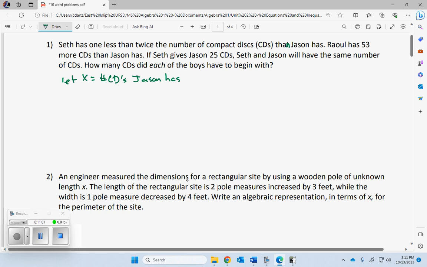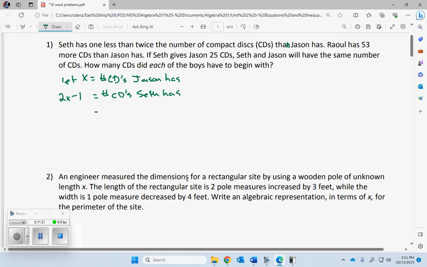And then we could do what Seth has, because Seth has one less than twice what Jason has. One less than twice the number that Jason has.